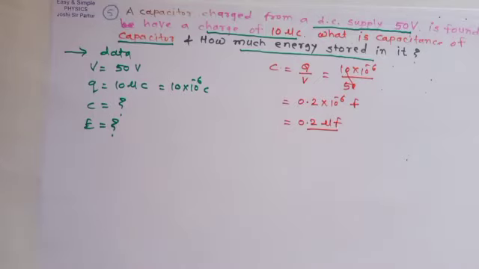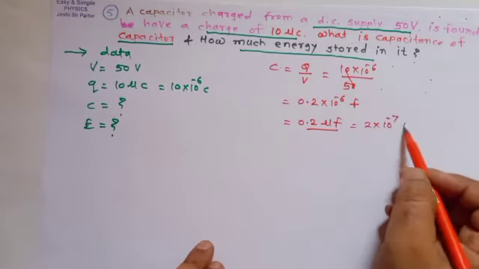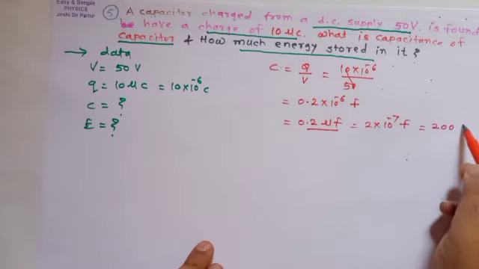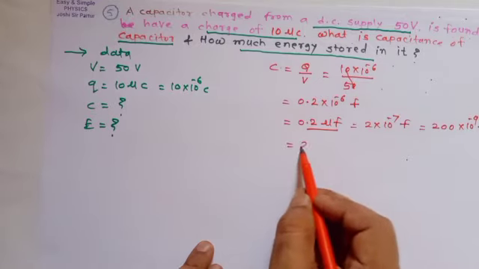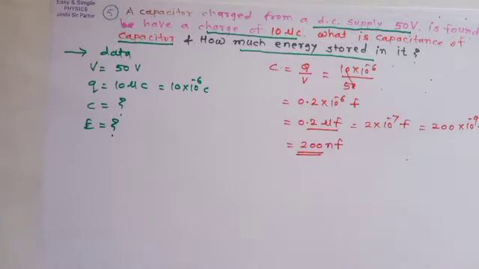So here capacitance will be 0.2 microfarad or 2 into 10 raised to minus 7 farad or 200 into 10 raised to minus 9 farad means 200 nanofarad. Any value can be used.